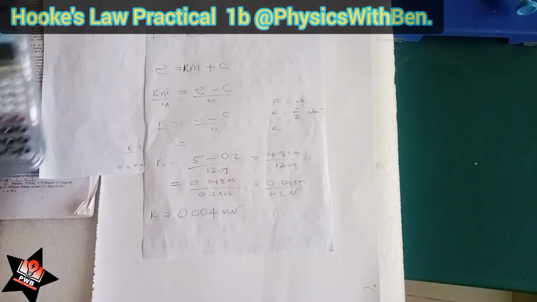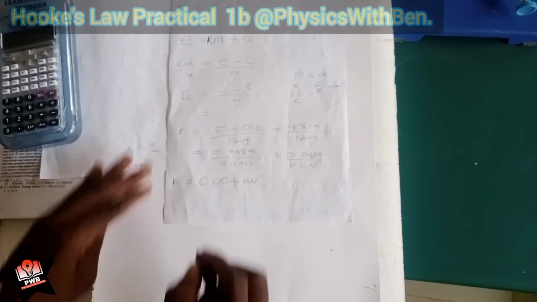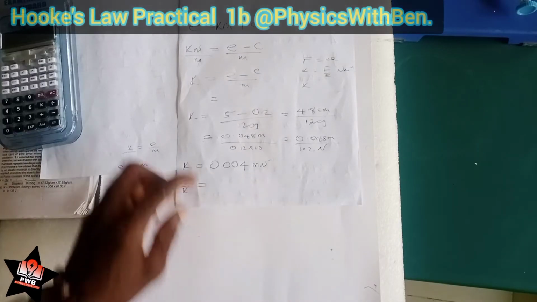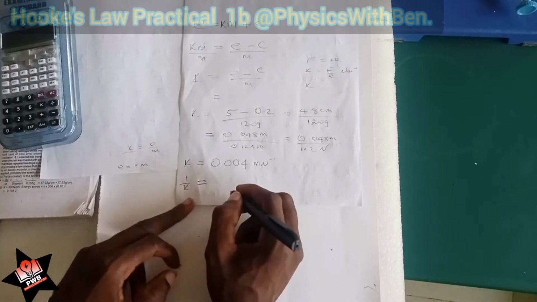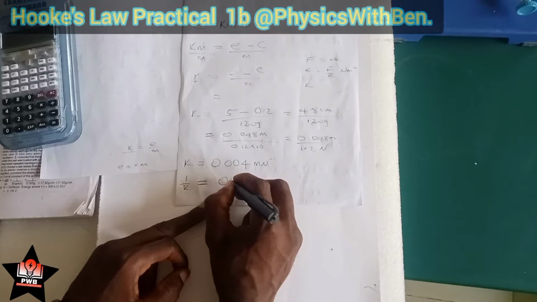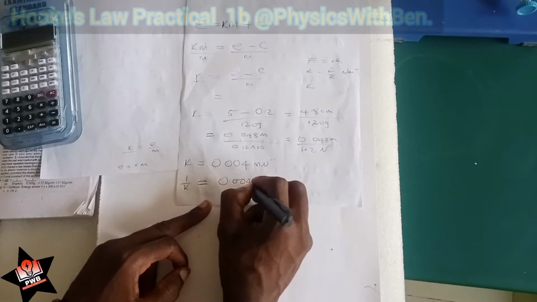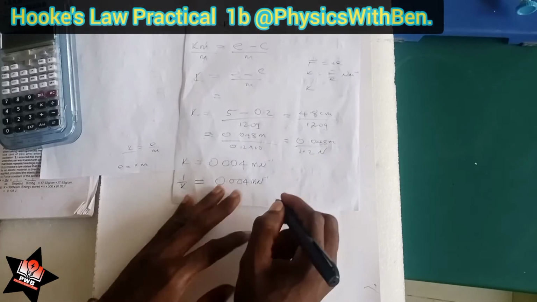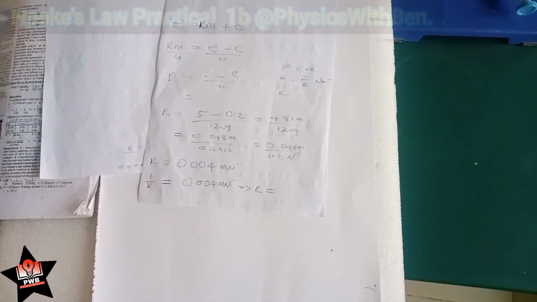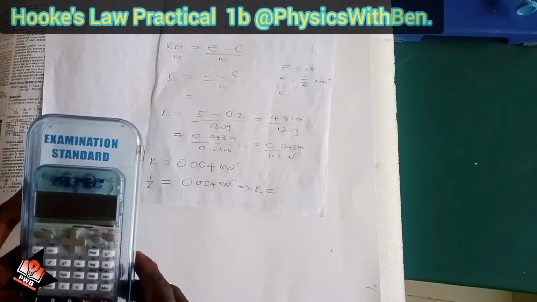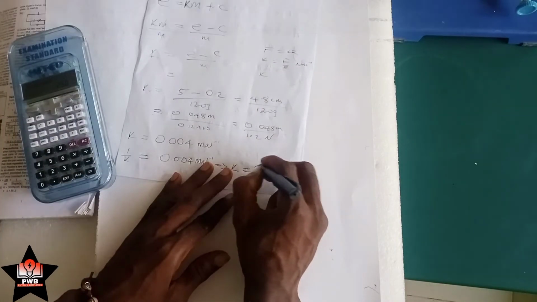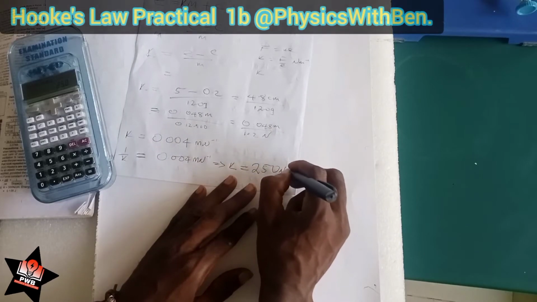per Newton, which is actually an inverse form of this. So we write that 1 over K is equal to the value we got, so that if we reverse it, our K is the same thing as 1 divided by 0.004, and that will give us 250 Newton per meter.